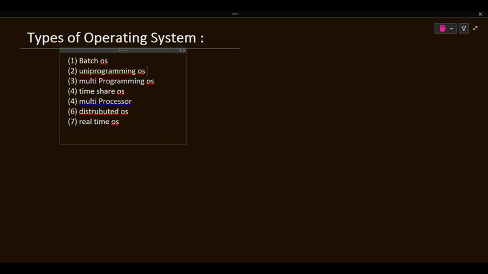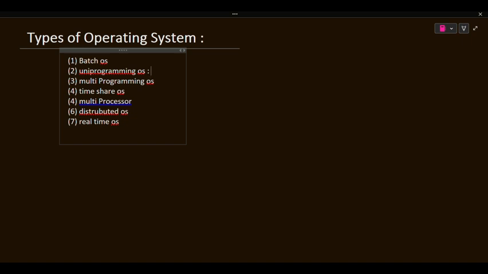Now, in the case of uniprogramming system, which was introduced before multiprogramming OS, only one program can be held by the main memory at a time.